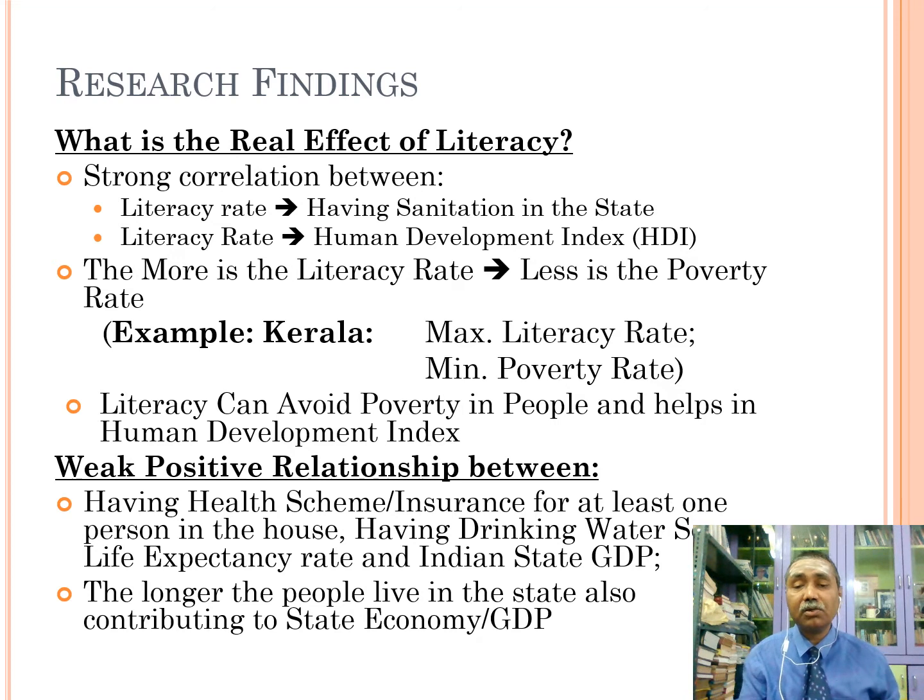The longer people live in the state also contributes to Indian GDP. Life expectancy and GDP have a correlation of 0.011. That means people living longer is also positively related to GDP. So let's move on.